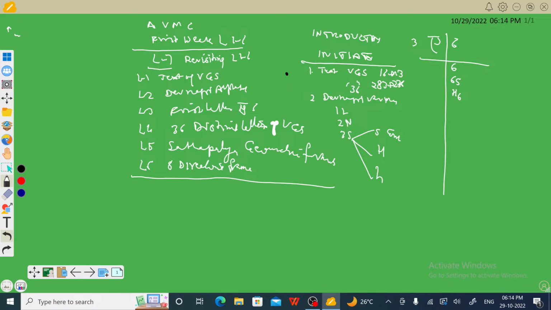Thereafter, we have pressed upon that all the 36 distinct letters of Vedic Ganita Sutras deserve to be chased, deserve to be tabulated for all these features.